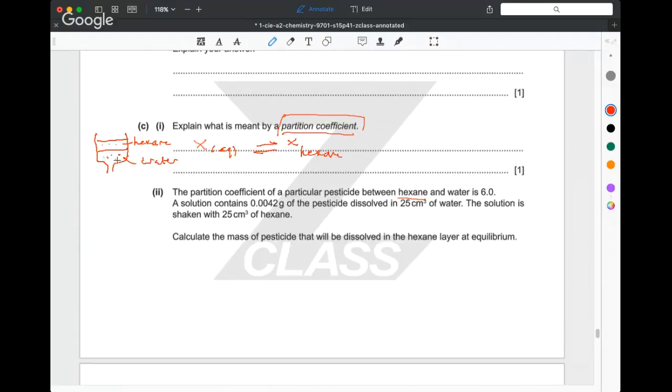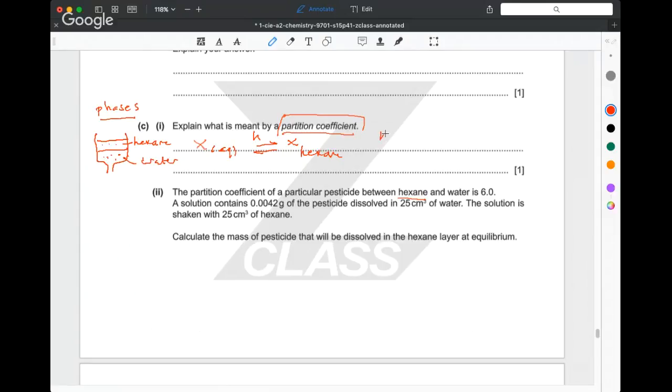You've got particles of X, some of which are dissolved in water, some of which are dissolved in hexane, and they're constantly moving between those two immiscible phases. You've got a hexane phase and a water phase. And the partition coefficient is just the equilibrium constant for the movement of the solute between those two phases.